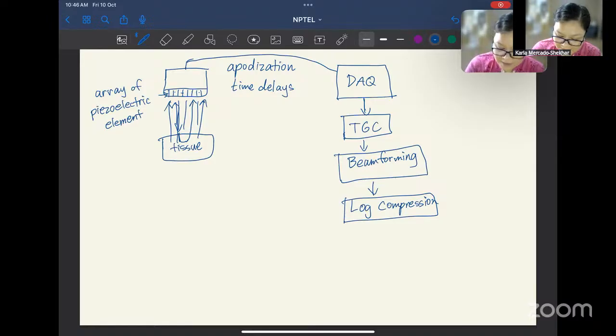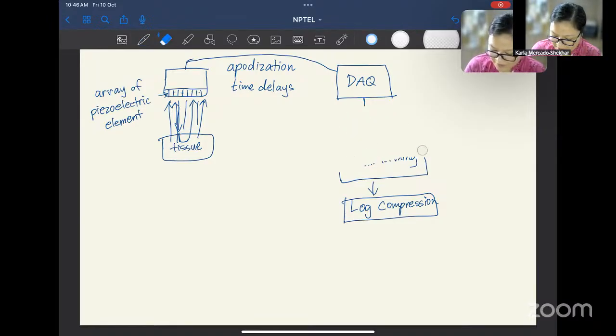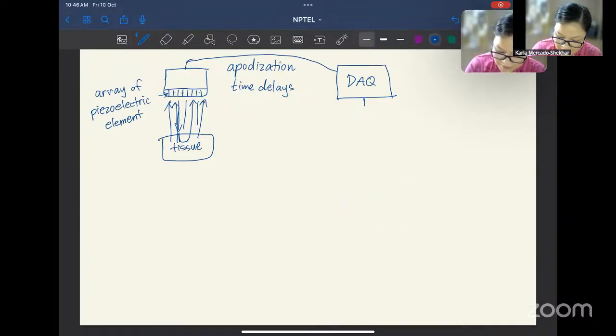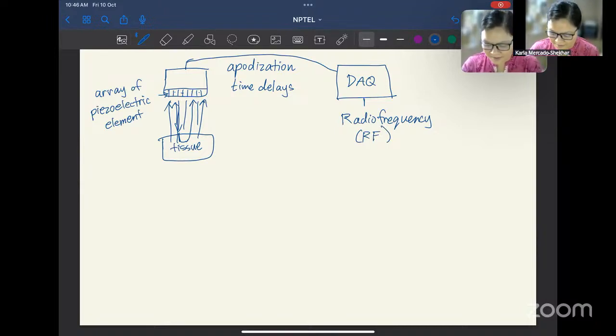So let me just organize this in terms of what is actually happening in more detail. Okay. So the data that you receive from your transducer will be in the form of radio frequency data, or your RF data. Radio frequency is because the ultrasound frequencies are in the radio wave range. Okay, so RF data is being collected.